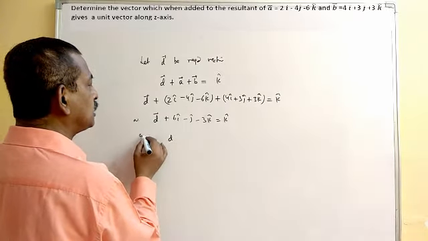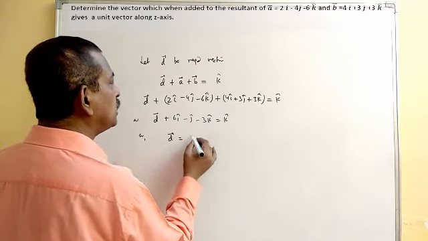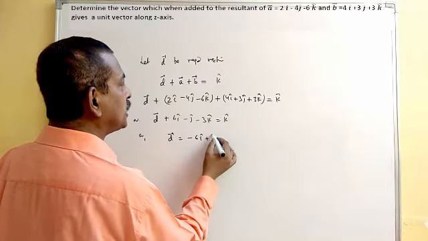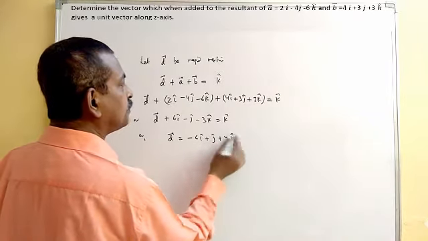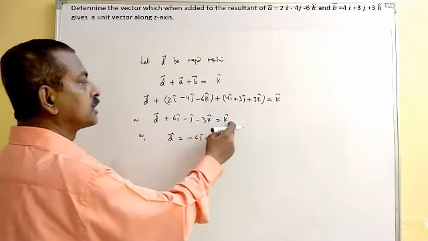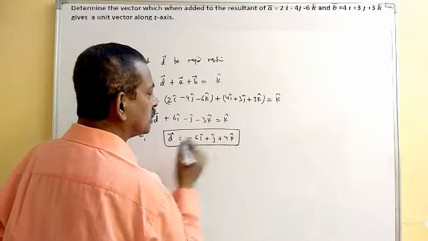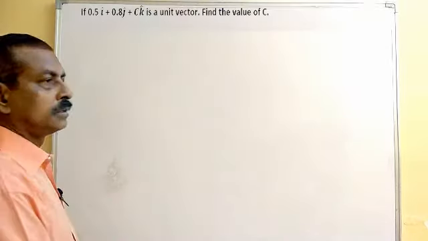Or if you transfer it on the other side, vector D will be equal to minus 6i plus j plus 4k. This 3k and this k will get added, so it will be giving you this as the resultant. This is the required vector.